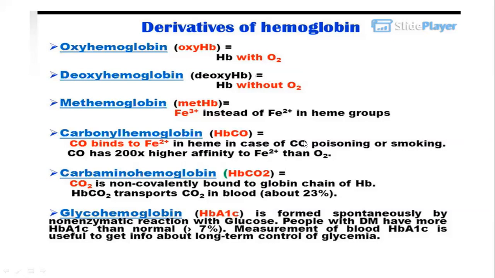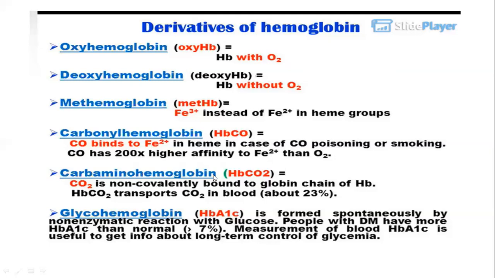In fact, carbon monoxide has 200 times higher affinity to the ferrous iron than oxygen. So, ladies and gentlemen, as doctors, it is good for us to remember that carbon monoxide kills because of its ability to bind onto hemoglobin. It binds, it can't be released, and so it causes death much faster.